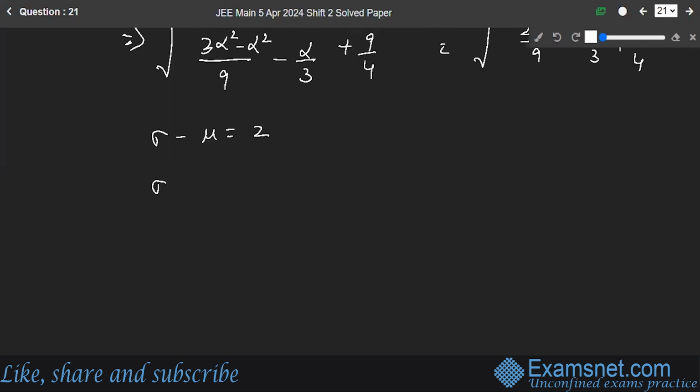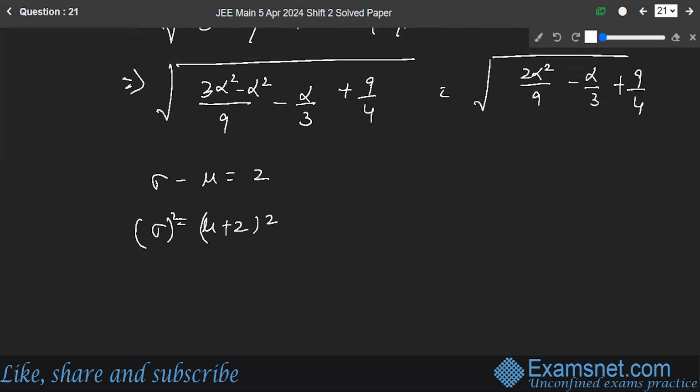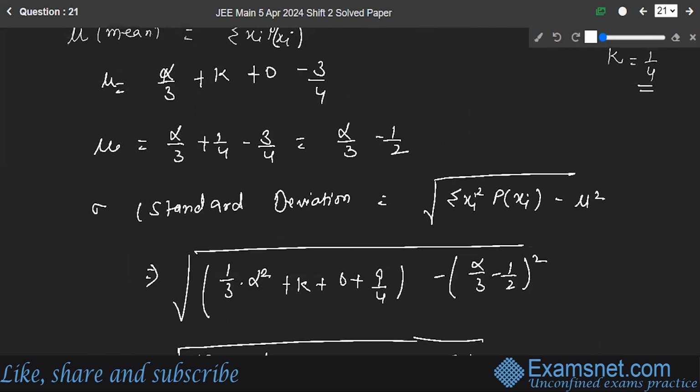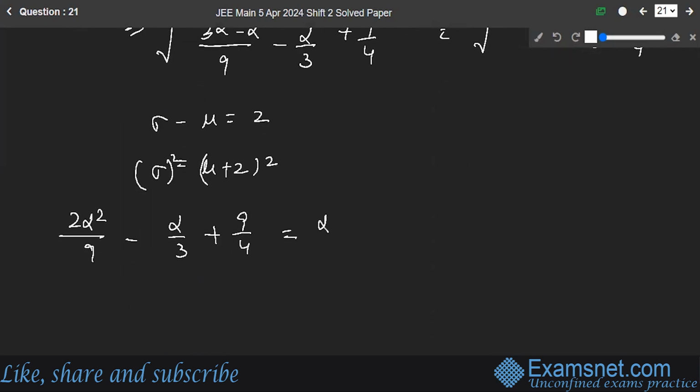That gives me sigma is equal to mu plus 2, squaring both sides. You will have 2 alpha squared upon 9 minus alpha upon 3 plus 9 by 4 equal to, what is your mu? That was initially we solved, it was alpha upon 3 minus 1 by 2 plus 2 whole square.